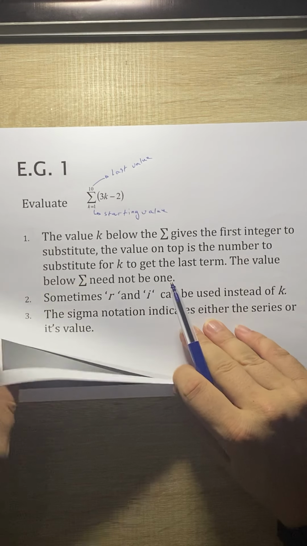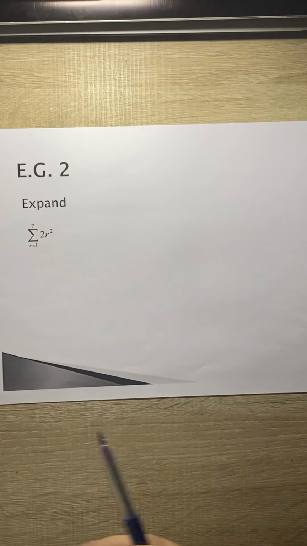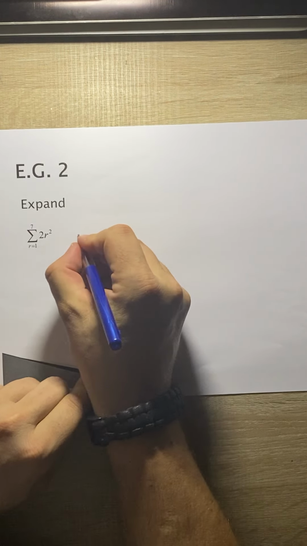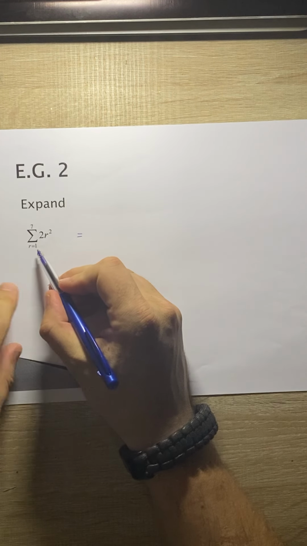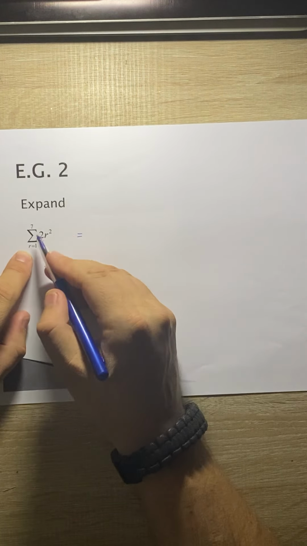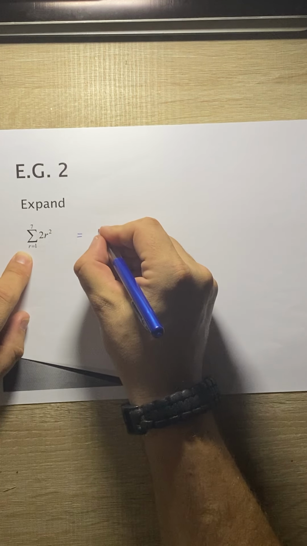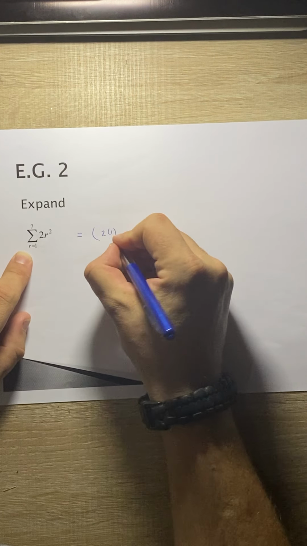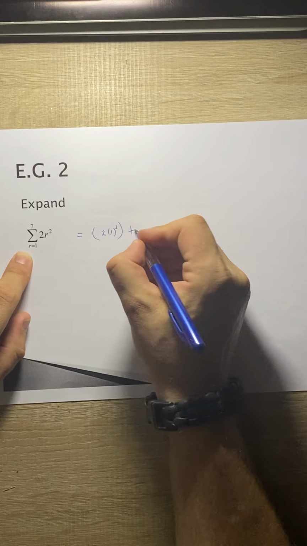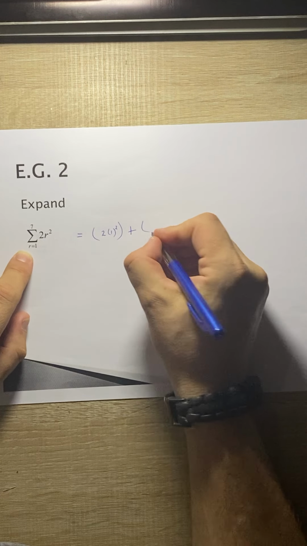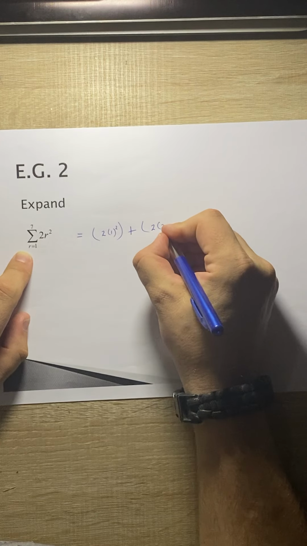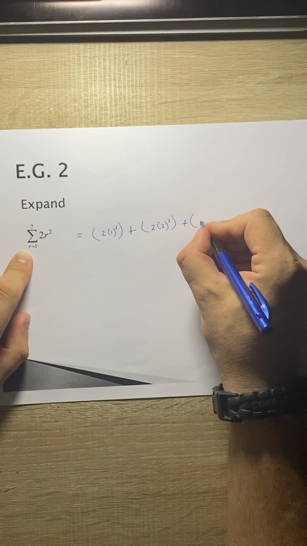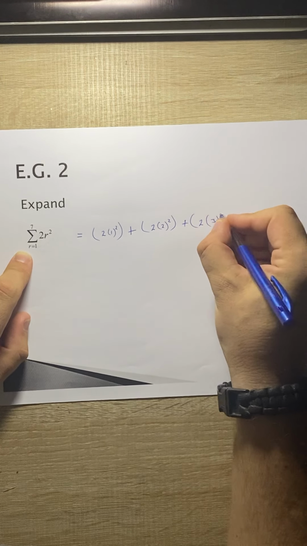What we're going to do now is actually expand some of these sigmas. So we need to expand this. What this is going to be equal to is we start where r is 1, and I just substitute in here. So the first one is 2 times 1 squared, plus, now I go to when r is 2, so we've got 2 times 2 squared, I'm just substituting for the r, plus 2 times 3 squared.